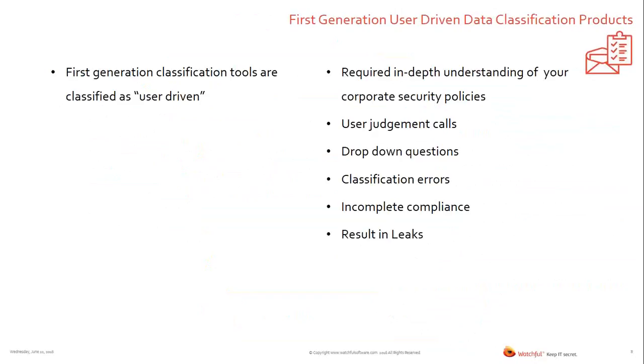We find that a lot of organizations are reporting only a fraction of their employees using these user-driven data classification products. The result is they continue to see data breaches, even though they have deployed some kind of classification tool. It's just not being used, and it's not solving the issue.